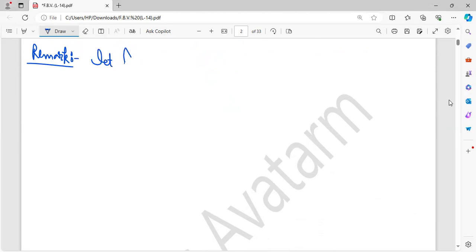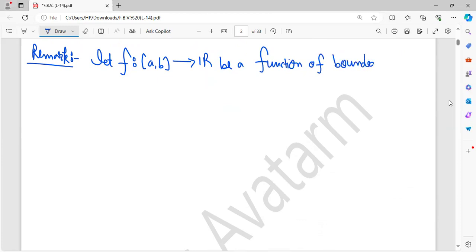Let F from the closed interval [a, b] to R be a function of bounded variation.